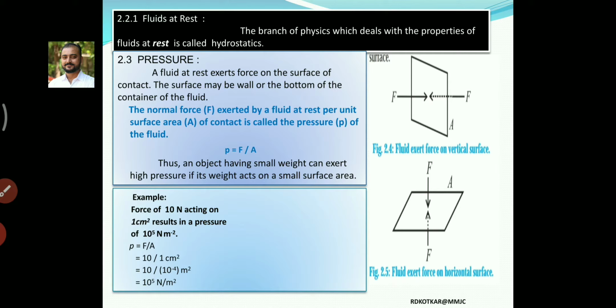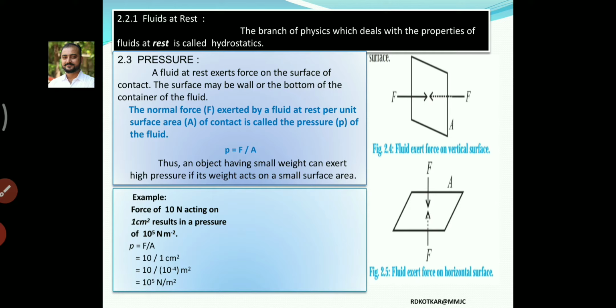So what is the value of pressure? By calculating, it is 10 to the power 5 Newton per meter square. You can observe this is 10 divided by 1 centimeter square, but centimeter square has to be converted to meter square, and therefore it should be 10 to the power minus 4.